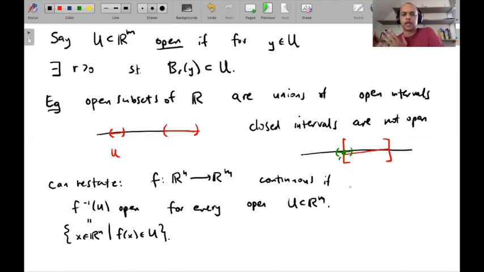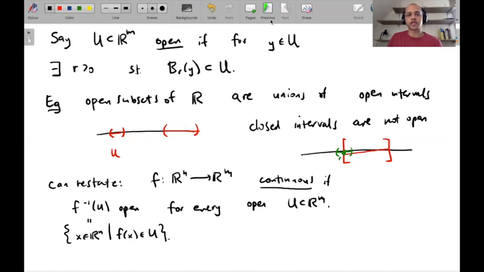Okay, so the upshot of all of this is that the key thing that you need to define continuity is a notion of open sets. You can define continuity once you know what open sets are. Then you can say this sentence: f inverse of U is open for every open subset.